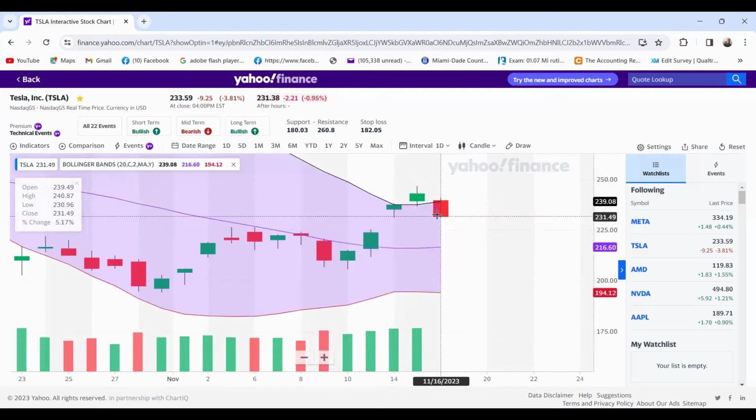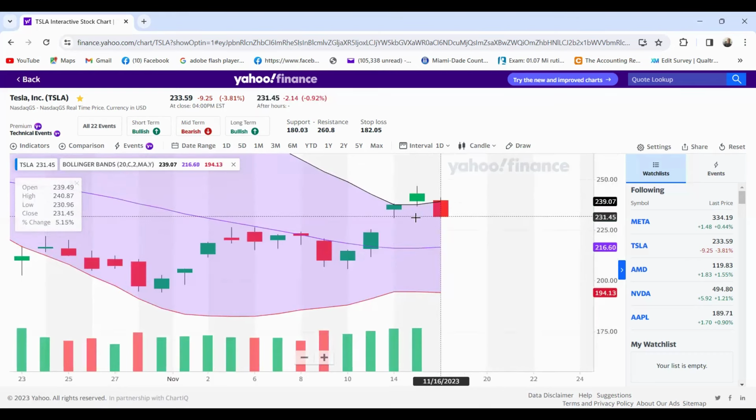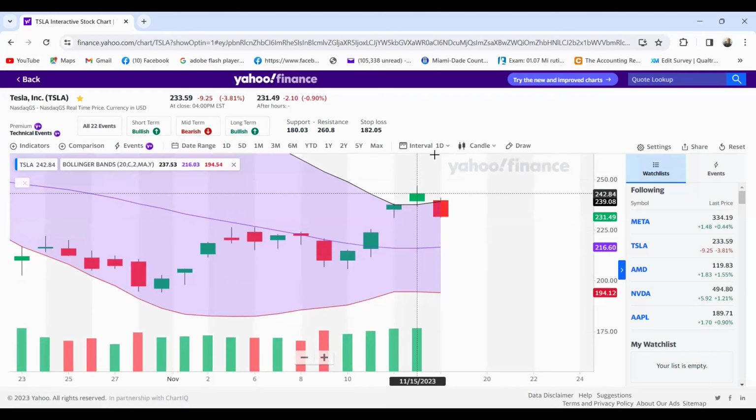You see, but it stays above the moving average. So whenever the price stays above the moving average, but is coming back and going back to the upper band, it's still bullish. So for the interval of 1 day, it's still bullish.